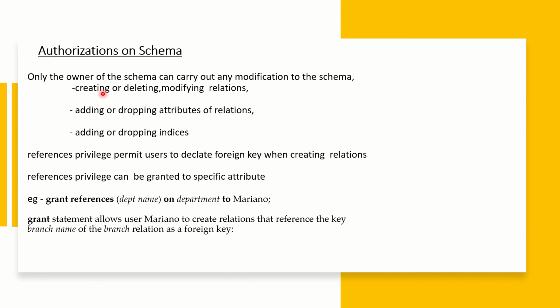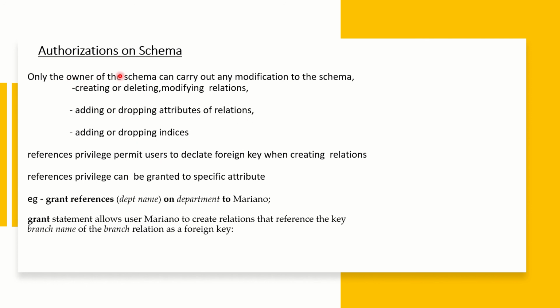So far we described how to give privileges to a person or a role to access data from a relation, and here we are going to discuss how to grant authorization on a particular relation.